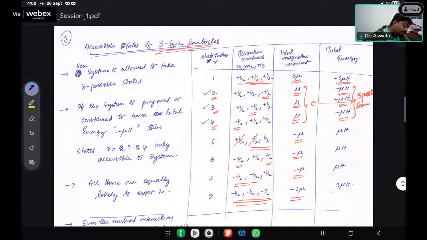So these are the accessible states for a quantum system arrangement. This is what I was meaning earlier.